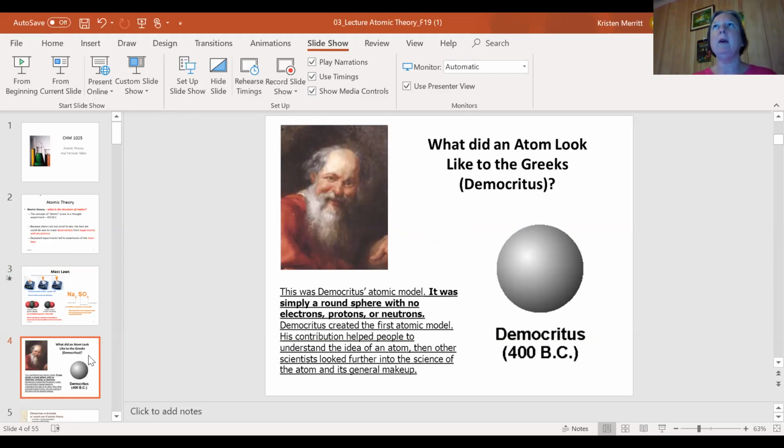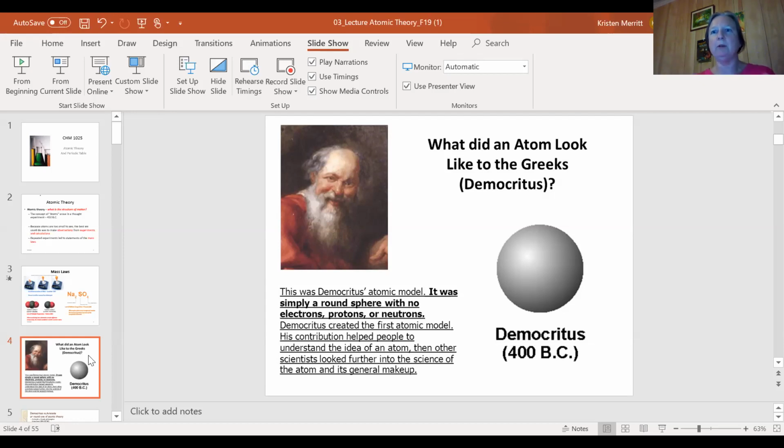Before that, one of the theories was that a substance could be broken down to smaller particles, but of the same substance. And the particles would have the characteristics of that substance. So a tree could be broken down into teeny tiny little tree parts, but they would still have characteristics of a tree.